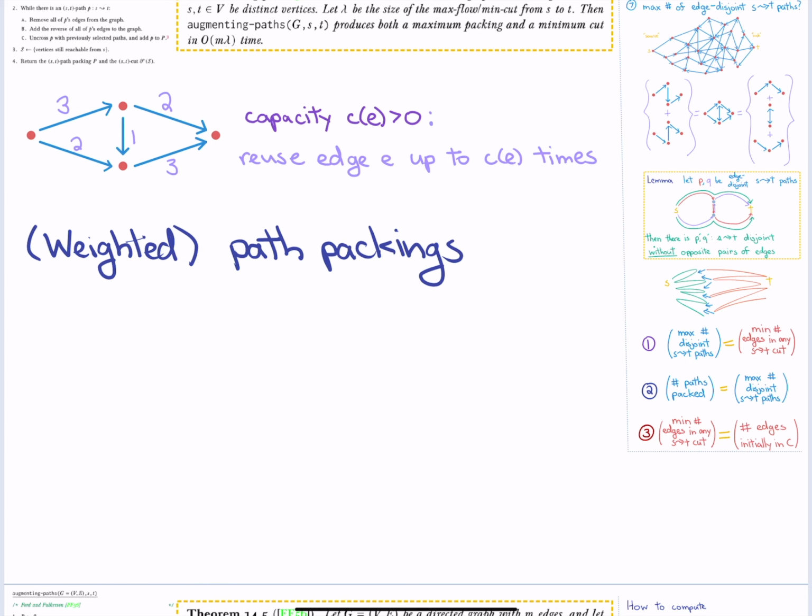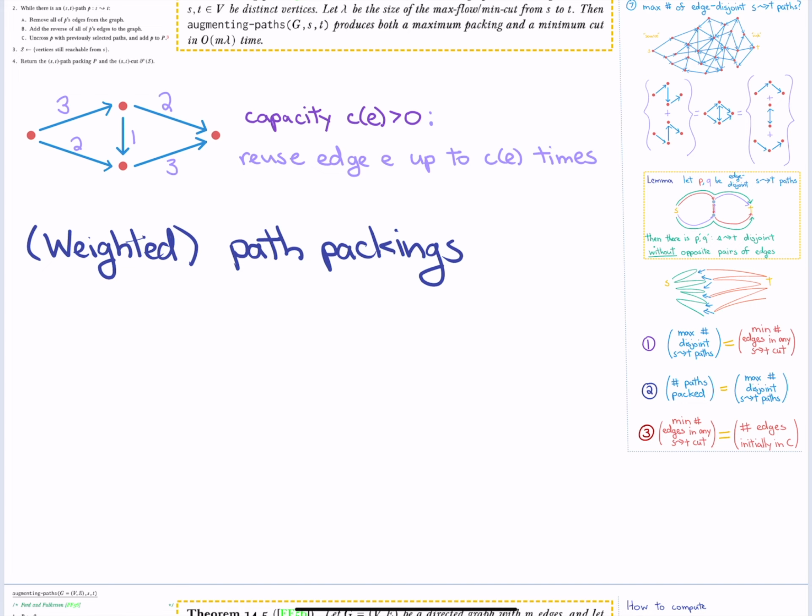It'd be exponential in the number of edges just because the capacities are so big. So rather than thinking of having a collection of paths all listed out, which might take a lot of space to write down in your computer, we're going to think about weighted combinations of paths. This is pretty simple. I have 10 units of this path, 8 units of that path, and so forth.